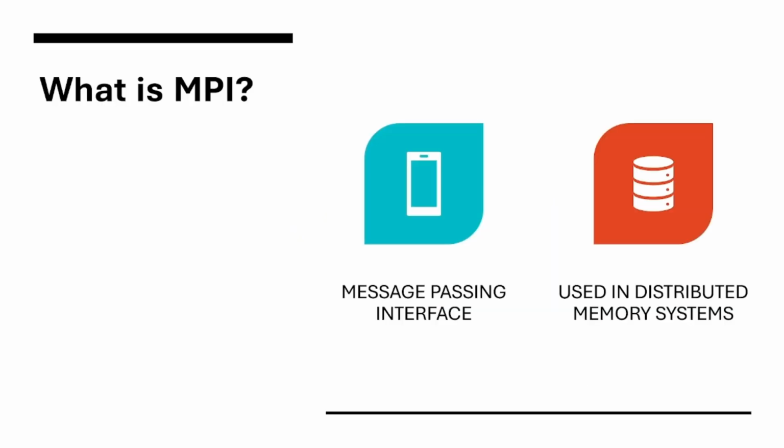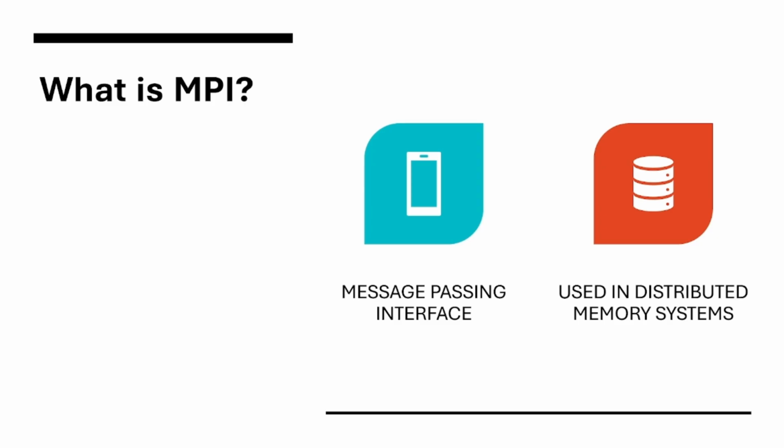So what is MPI? The Message Passing Interface, in short MPI, is a standardized and portable communication protocol used in parallel computing. It allows multiple processes running on different machines or processors to communicate by sending and receiving messages.